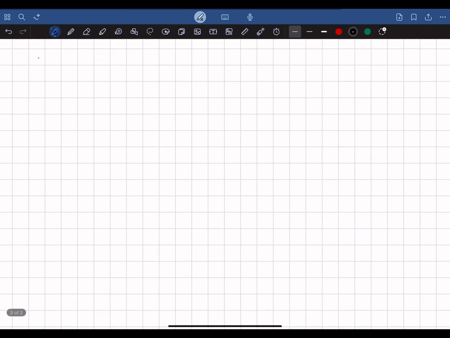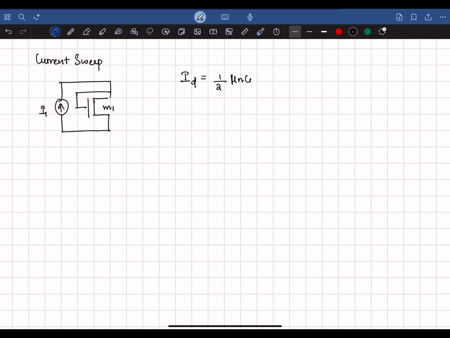Now let's sweep a current source instead of a voltage source. So I'm going to connect a current source to the source and the drain terminal. This is diode connected and this is I1. We already know the equation of the current, which is 1/2 mu n Cox W/L (V1 minus VTH) the whole square.